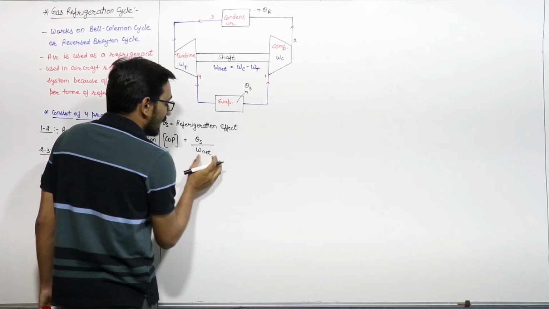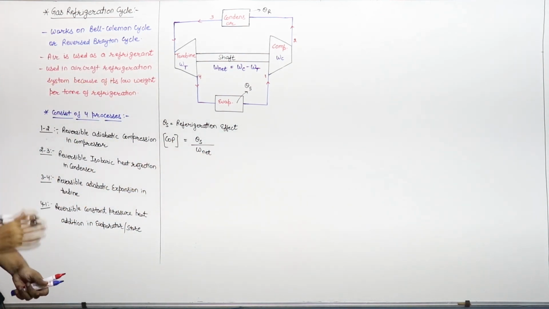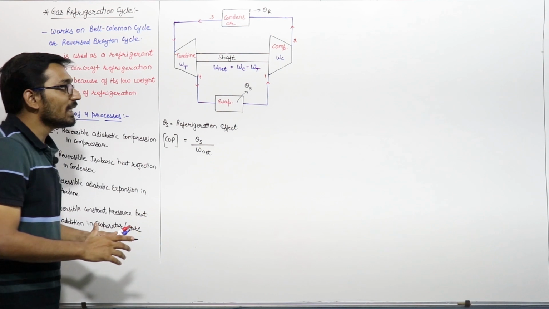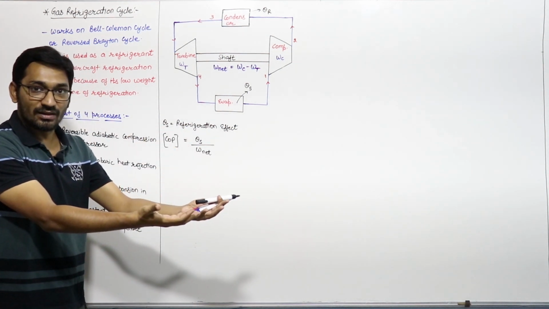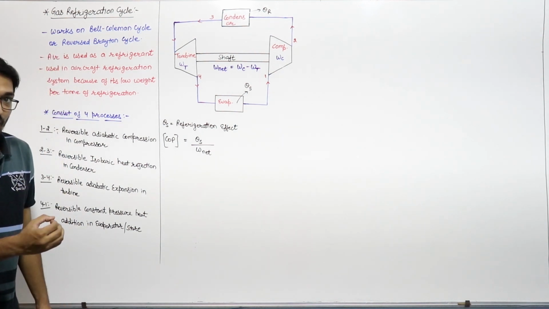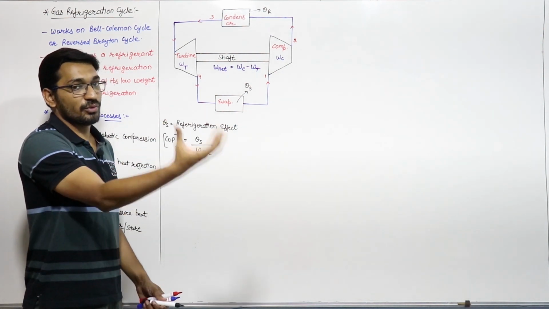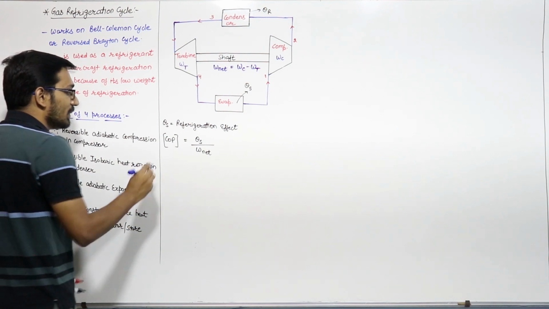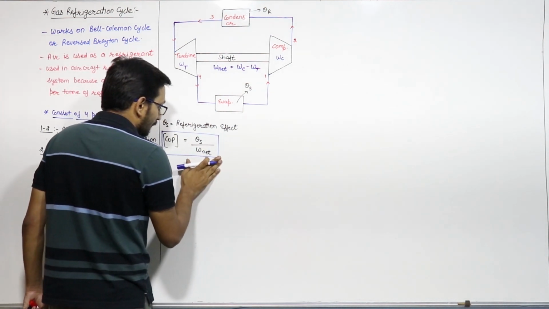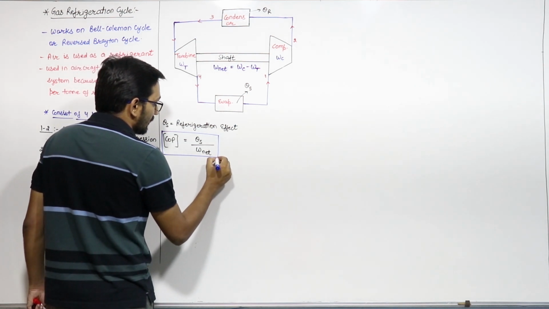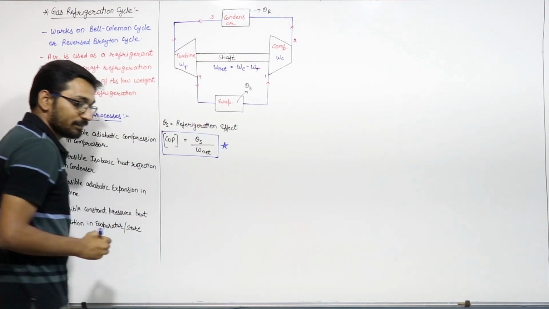Just understand here, we have to write net work. Why? Because only this net work we have to give from the outside, not WC. So the COP will be equal to QS divided by W net. This is the concept here, right?